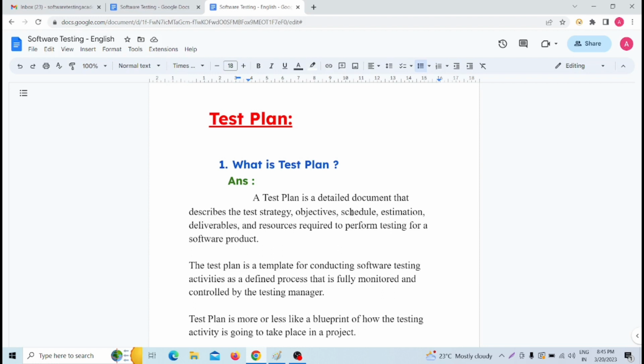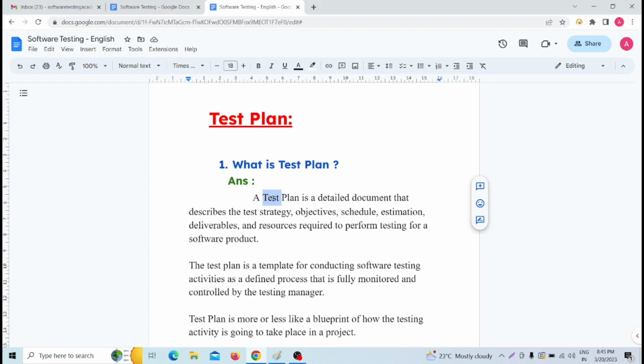In the test plan we update the test strategy, the objectives, the schedule, the estimation, the deliverables, and the resources. We maintain all these things in the test plan document. So that is basically called a test plan.